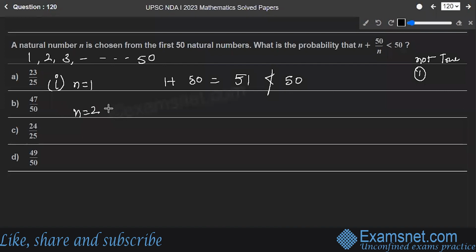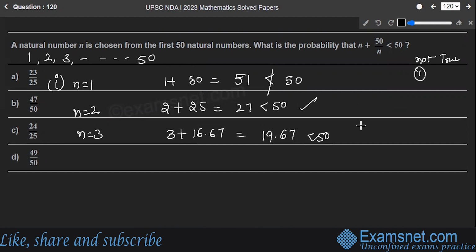Second, when n is equal to 2, this will be 2 plus 25, which is 27, which is of course less than 50. For n equal to 3, this will be 3 plus 50 upon 3, which gives about 19.67. Of course, this is less than 50.